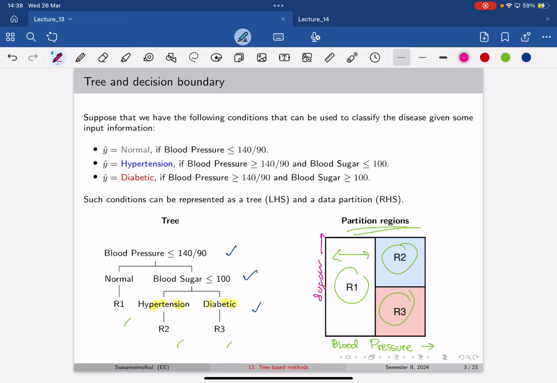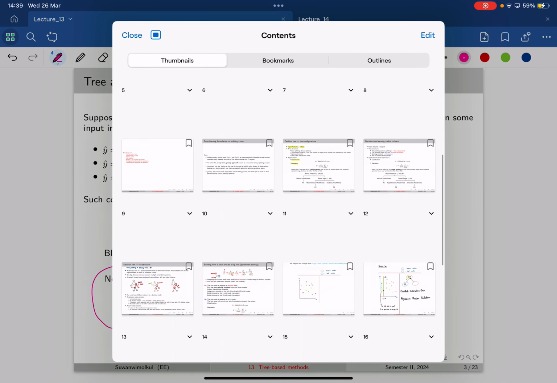As you can see, of course, those samples have been classified as normal, or in region 1. They don't care about the sugar level. But if you can partition it this way, that also implies that about 50% of people probably fall into region 1. This may not be as clear right now, but I'll show you another example.